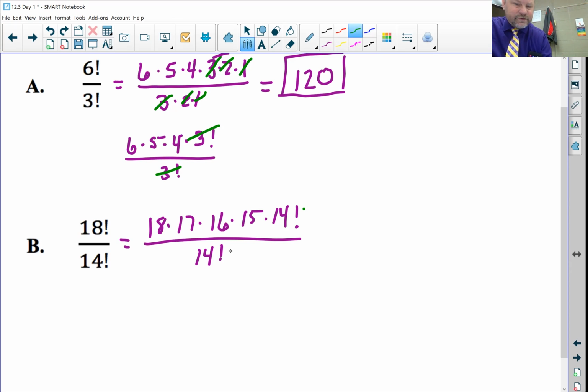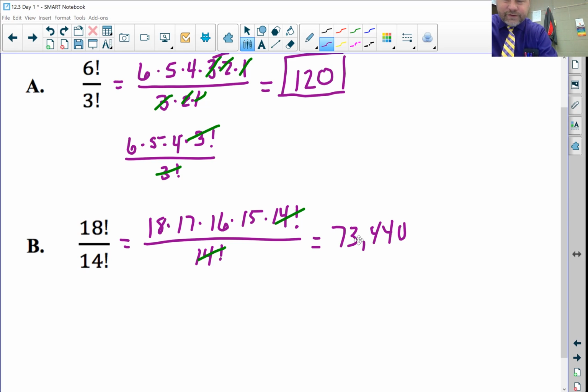And so I can cross those out and then find my answer simply by multiplying 18, 17, 16, and 15. So we multiply that out, we get 73,440.